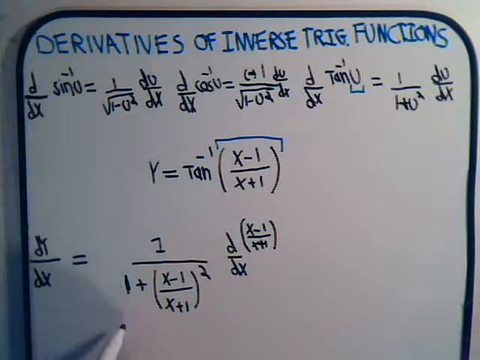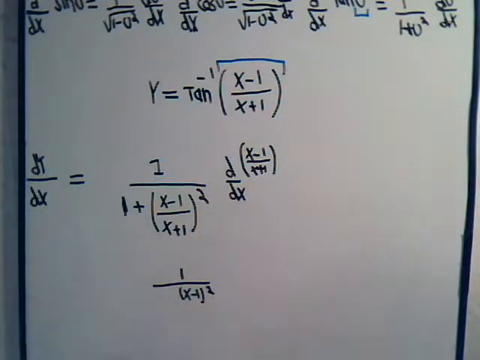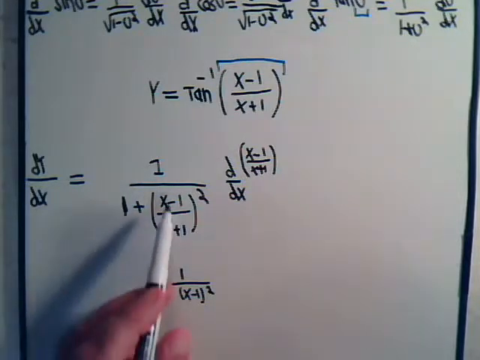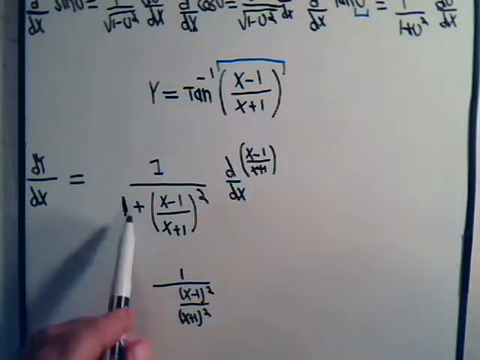So let's deal with this part first and get this algebra out of the way. This here would be 1 over 1 plus, let's look at this quantity first, x minus 1 squared divided by x plus 1 squared, and we have to add 1 to that.